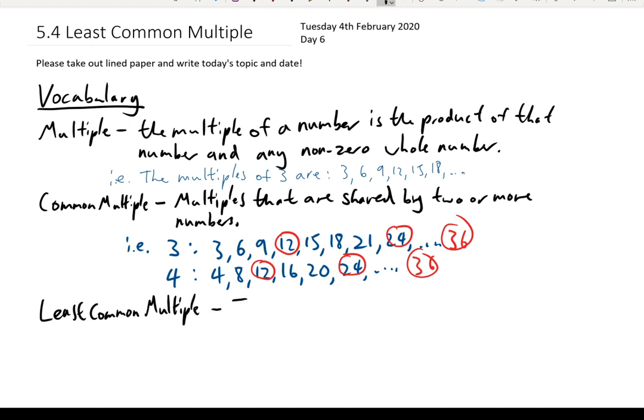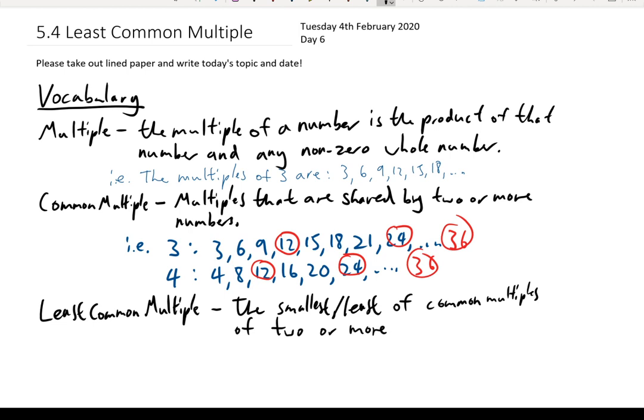It will be the smallest or the least of common multiples of two or more numbers. Okay, so it's just the smallest one.